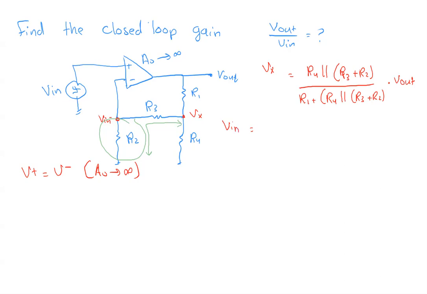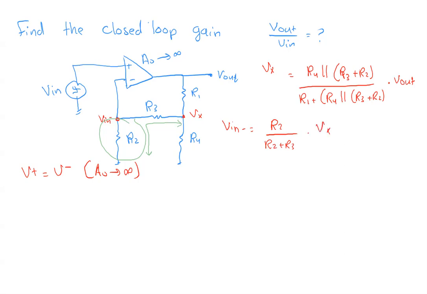V negative is basically R2 over R2 plus R3. Okay, as simple as that. And this is multiplied with Vx.